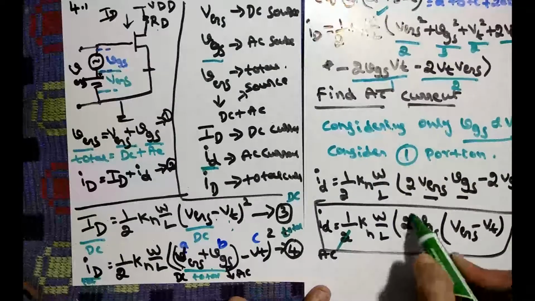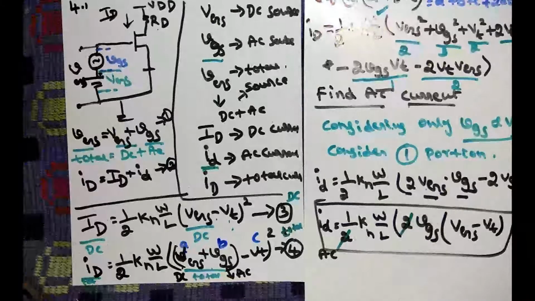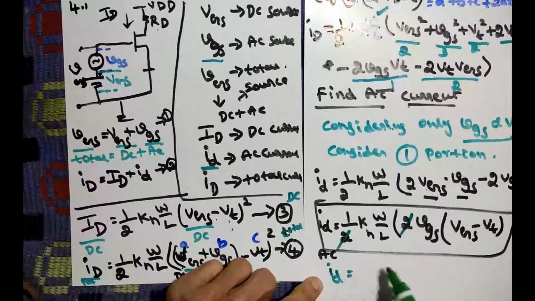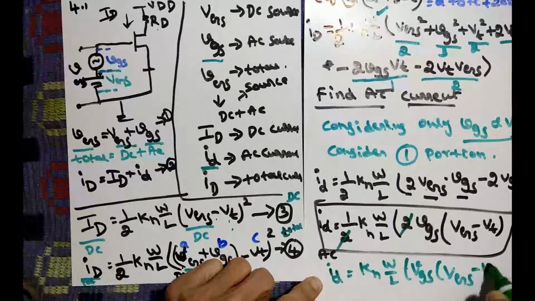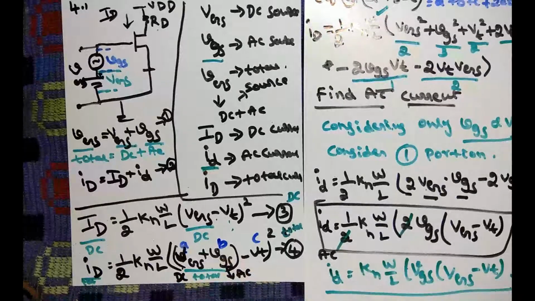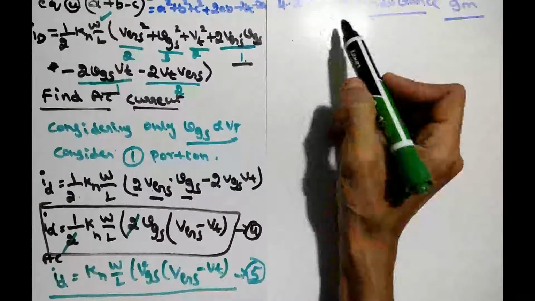So this 2 and this 2 we can cancel out. So we can simplify that, and we will get ID is equal to Kn W by L into small VGS into capital VGS minus VT. This is the fifth formula, or the final formula, for this derivation. Next we can move on.